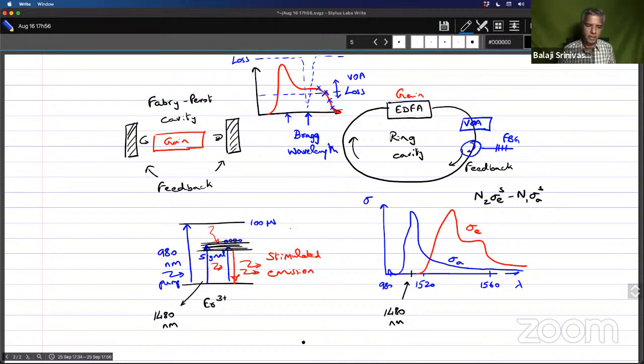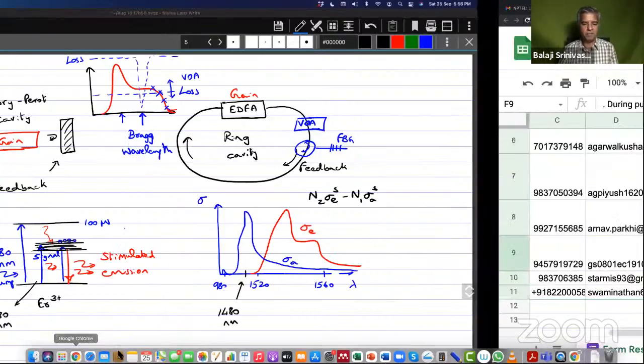It's just that 1480 nanometer lasers are not as easily available or as cheap as 980 nanometer lasers. So most applications use 980 nanometer lasers, but you can pump at either wavelength.